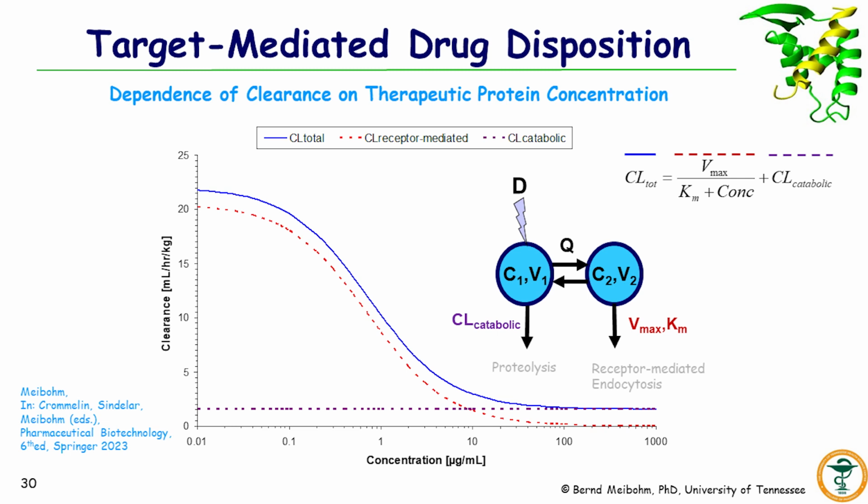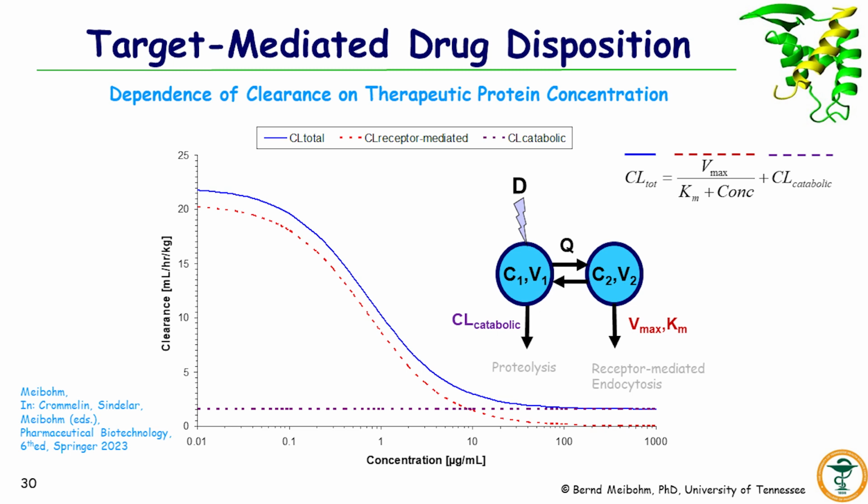And then the expression is shown here where the total clearance is the sum of the non-saturable catabolic clearance and the saturable target-mediated elimination pathway, conceptualized here as Vmax divided by the sum of Km and the concentration of the drug. So now in the graphic, you see the contribution to the overall clearance. The overall clearance is shown in blue. This has two components, the catabolic clearance in purple, the purple dashed line, which is independent of the concentration, but is at a low level. So it remains at this level.